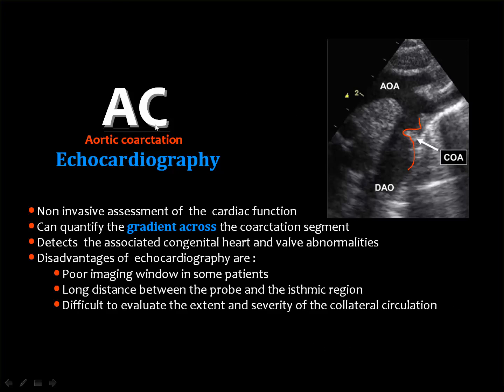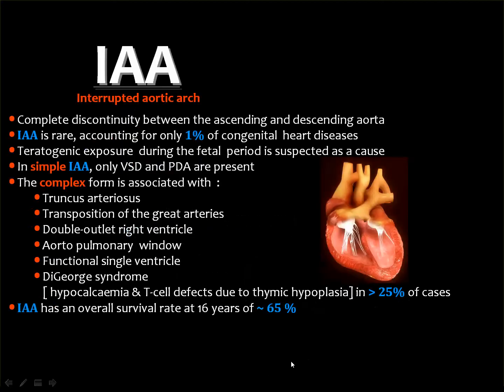The main value of echocardiography is to detect the gradient across the coarctation segment, which is an important factor for the management. The disadvantages of echocardiography are the poor imaging window in some patients in this particular area, the long distance between the probe and the isthmic region, and it's difficult to evaluate, of course, the collateral circulation.